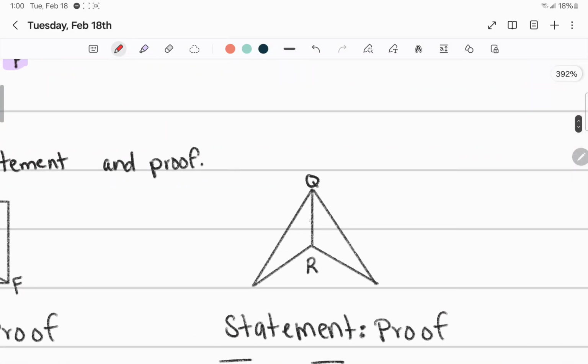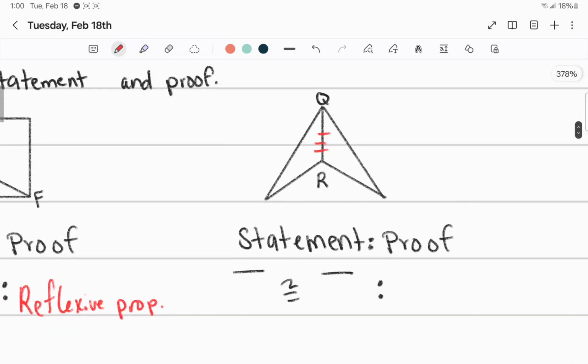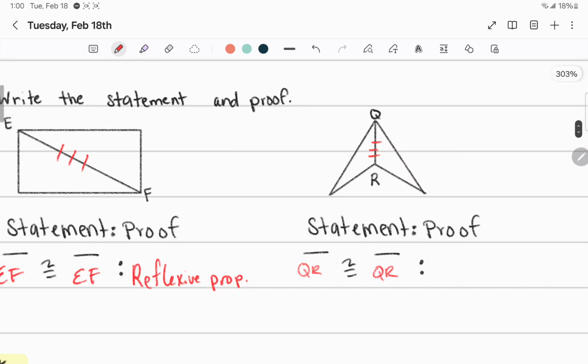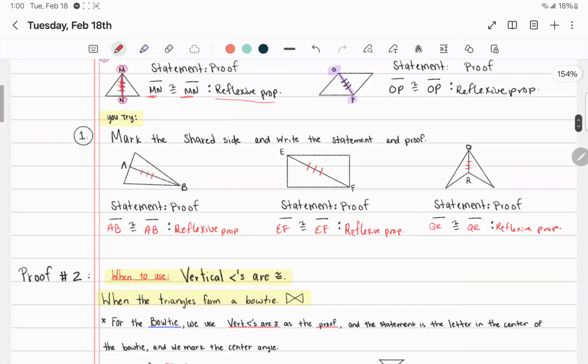Okay, over here, 1, 2, 3, shared side, Q, R, reflexive property. That's it, guys. Super simple. If they share a side in the middle, mark it with 3 lines, repeat the 2 letters, and write reflexive property. That's it for those.